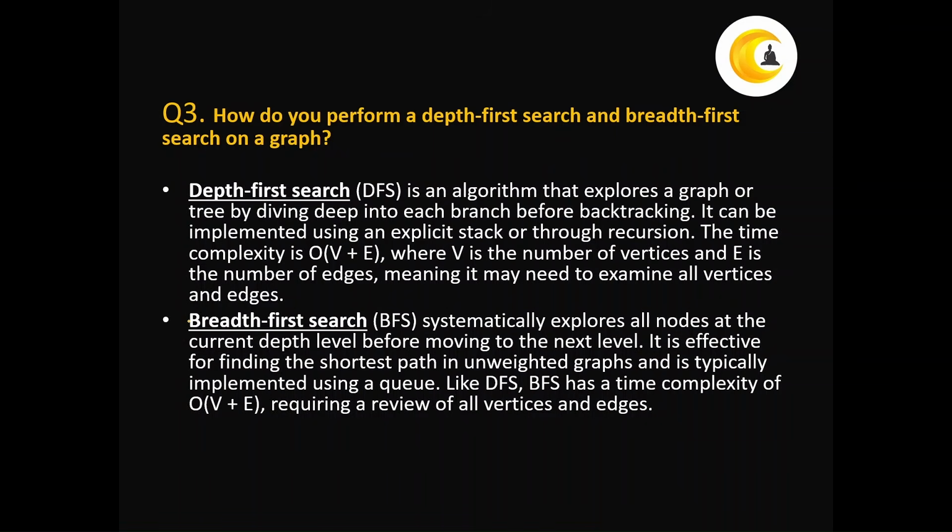Next, how to perform a DFS and a BFS on graphs. Now, DFS, the name itself suggests depth first search. So it is going to go down the tree or down the graph. Okay. While BFS itself says breadth first search. That means it will look through the levels, each and every level. Okay. So how is it working? It's like you want to figure out if there is someone living on the third floor or not.